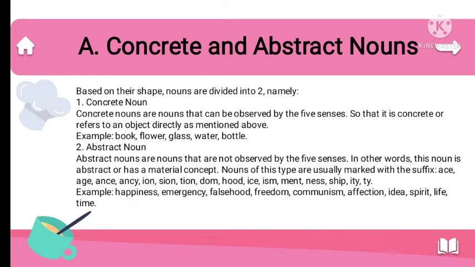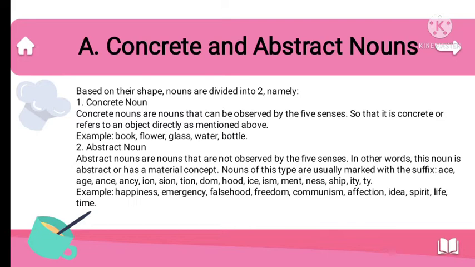Concrete nouns are nouns that can be observed by the five senses. So, it is concrete or refers to an object directly. For example, book, flower, glass, water, and bottle.